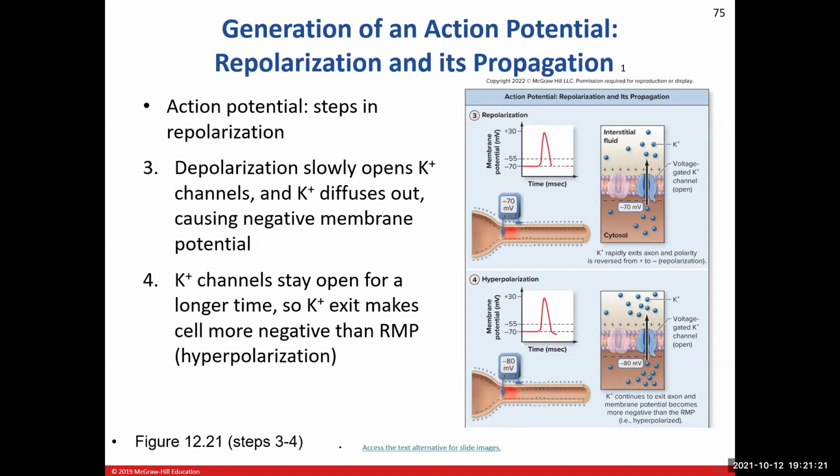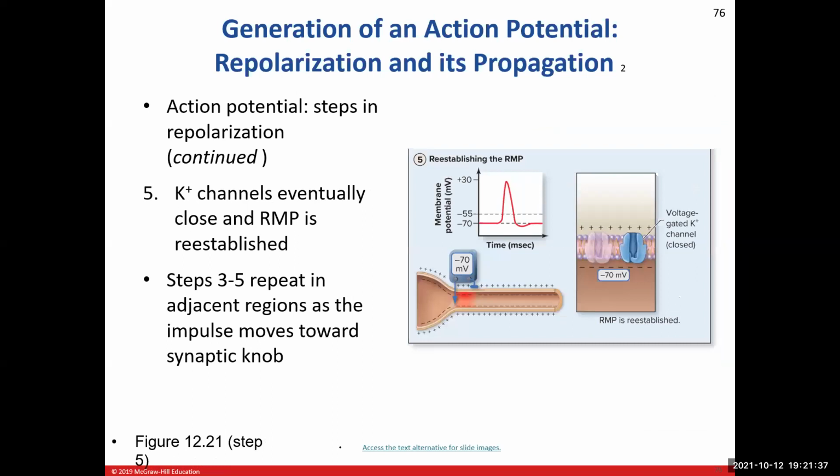We hit that negative 80 mark, and all of the voltage-gated potassium channels will be closed at that point, so no more potassium will leave. Our voltage-gated sodium channels are still closed. So what happens? Our sodium-potassium ion pumps will still be working, and they'll bring us back to that negative 70 value.